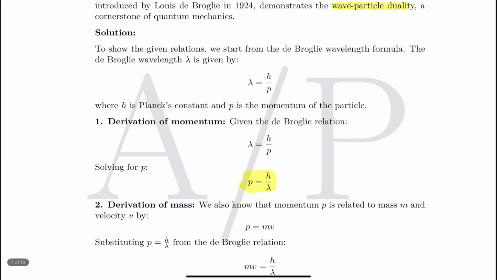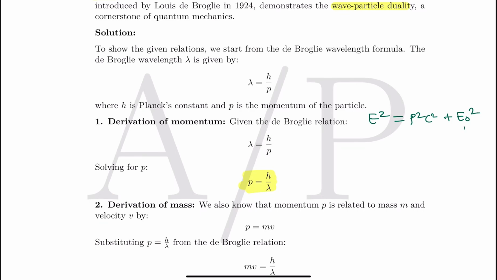So for momentum, we could write, as per de Broglie, lambda is equal to h by p. So how did we get that for the photon? If we treat a photon as a kind of particle, we could write E square equals p square c square plus rest mass energy square.